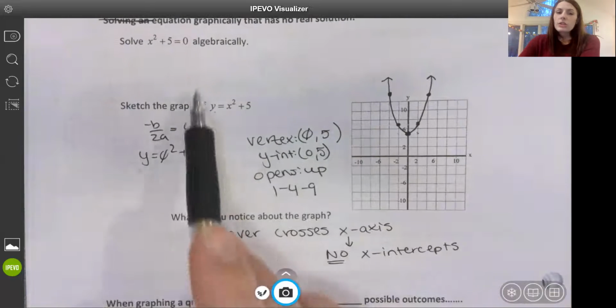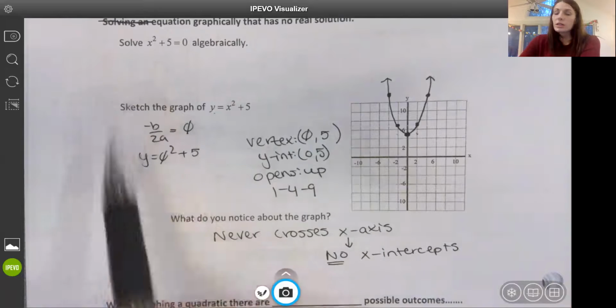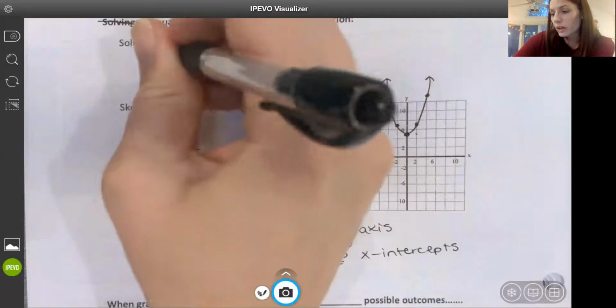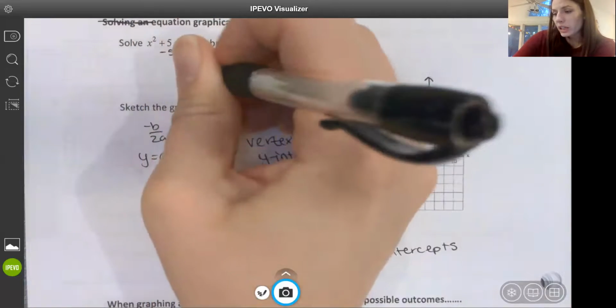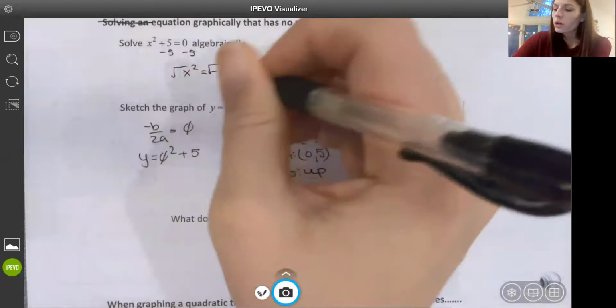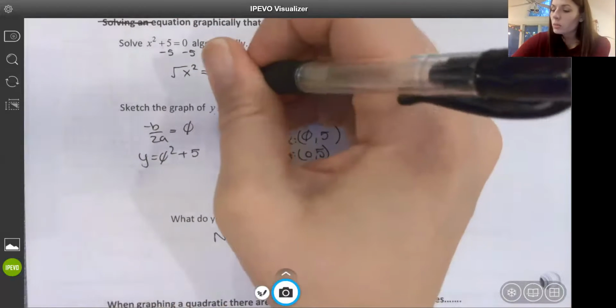Now, if we were to solve this algebraically, going back up to the top here, we'd go, oh, we should solve that using inverse operations or square roots. So I'd subtract 5, then I'd get x squared equals negative 5. And then when I go to solve, I'd go, wait, can't take a square root of a negative number.